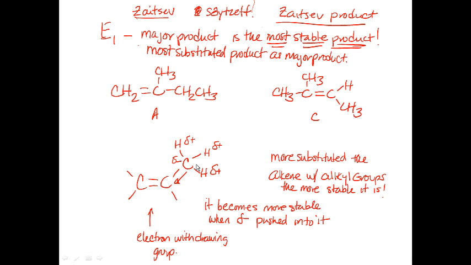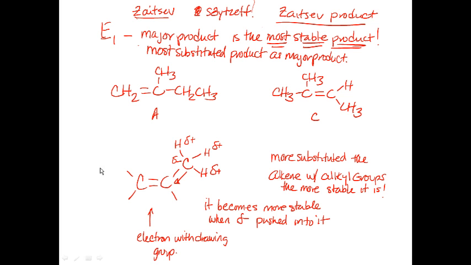So Zaitsev made an empirical observation. He gets a rule named after him, but he really didn't explain why you got the product that you did. Okay? So when we do E1 elimination, we're going to get the Zaitsev product, which means we're going to get the most stable, which is the most substituted product that's an alkene.